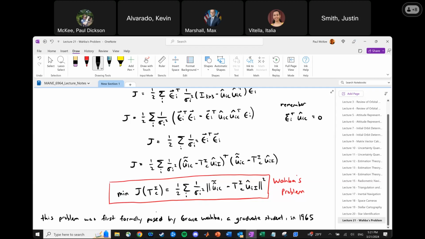Yeah, exactly. So this was definitely an area of active research in the 60s. And I mean, star tracker research continues today. There's always more advancements being made.